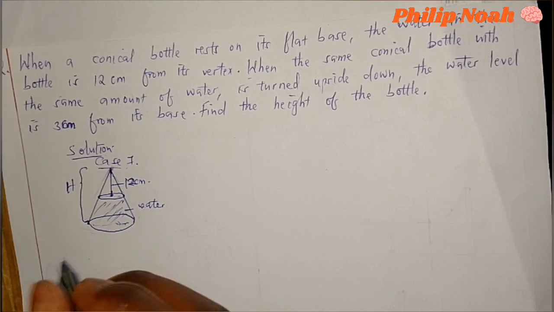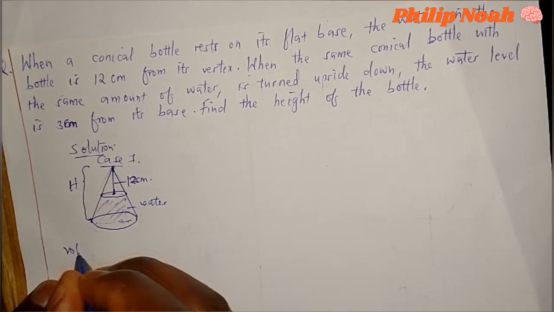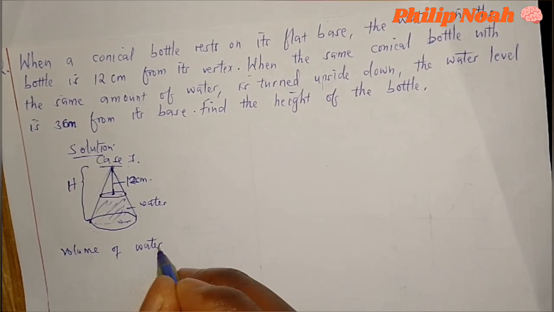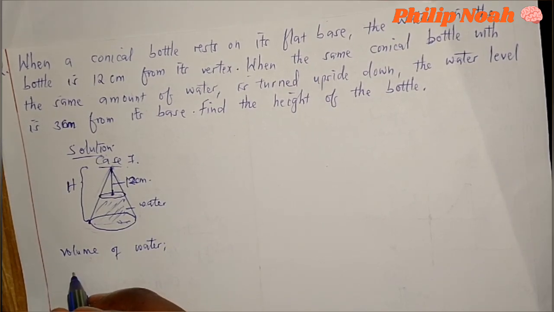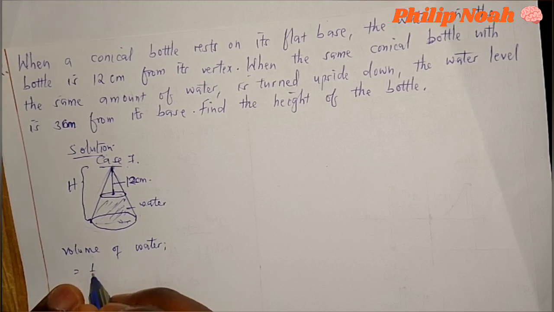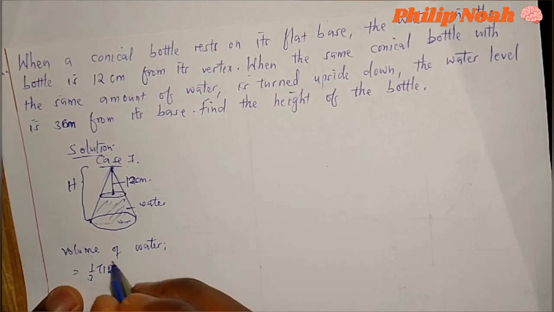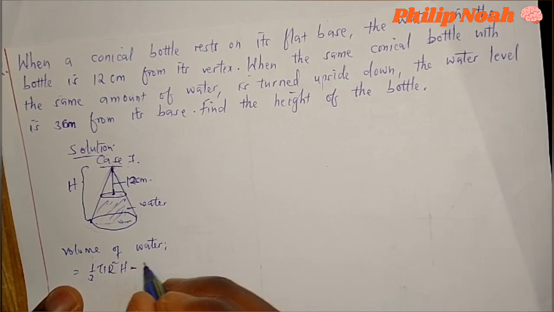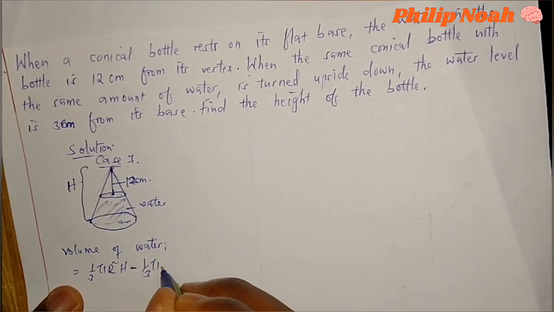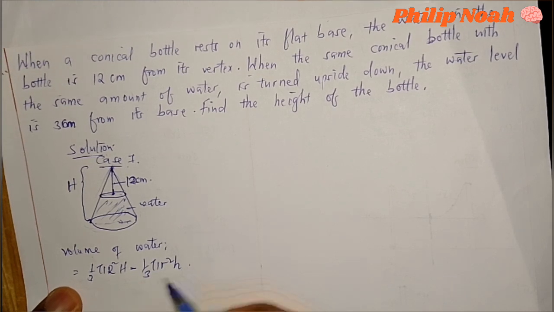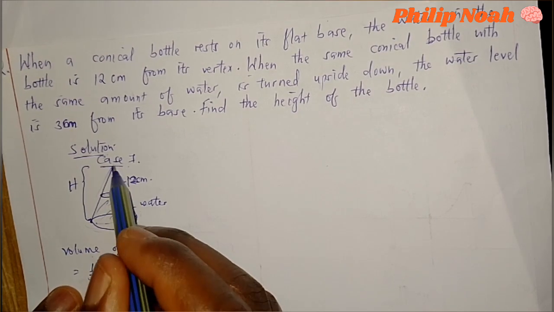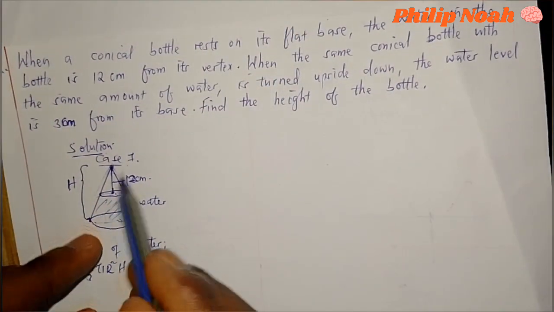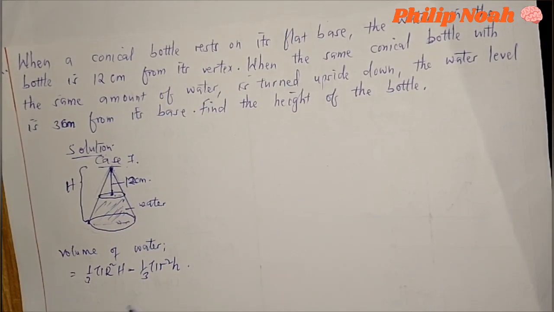So we say that the volume of water in case 1 is a third pi r squared h, the volume of the whole of this, minus a third pi r squared h. This is the h, and this is the smaller cone. So if we remove that space, we remain with the volume of water in the bottle.